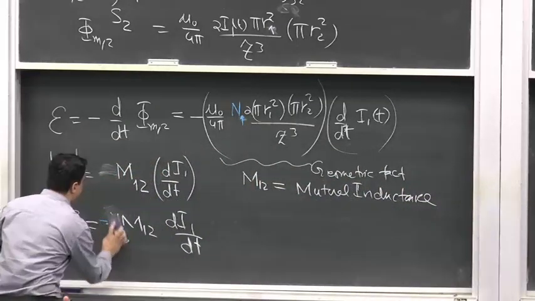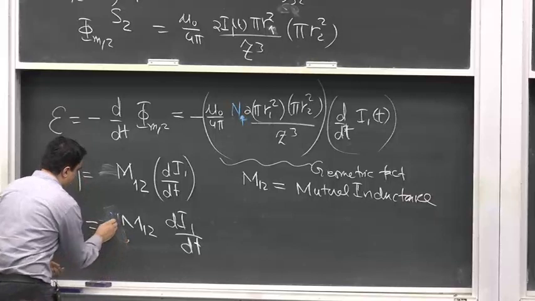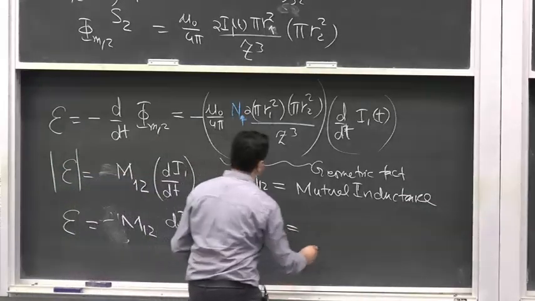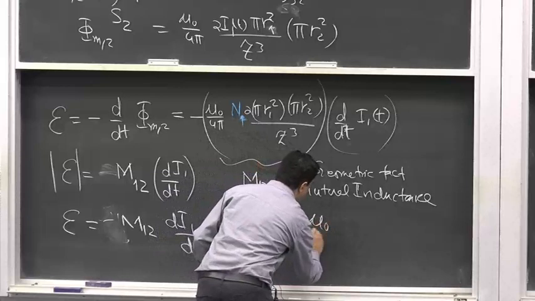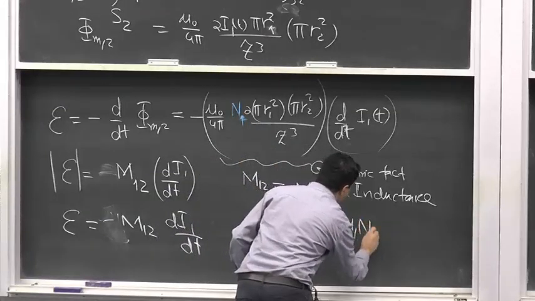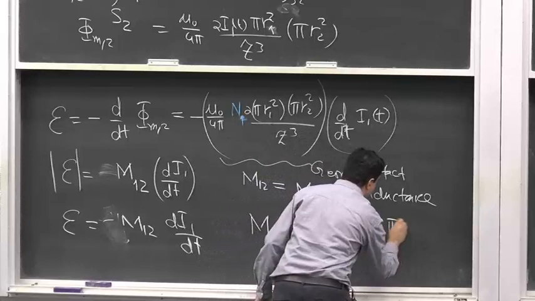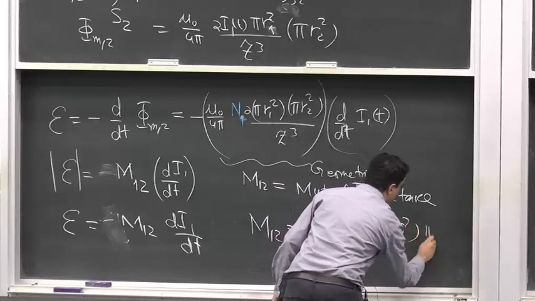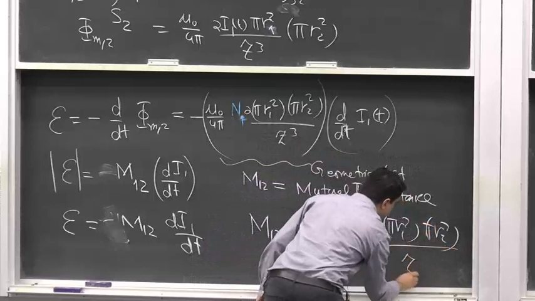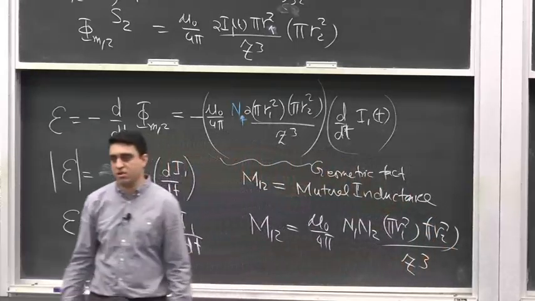So I can write the whole thing again like this, but in this case M12 would be mu0 by 4 pi, N1 N2, pi r1 squared, pi r2 squared, divided by z cube.